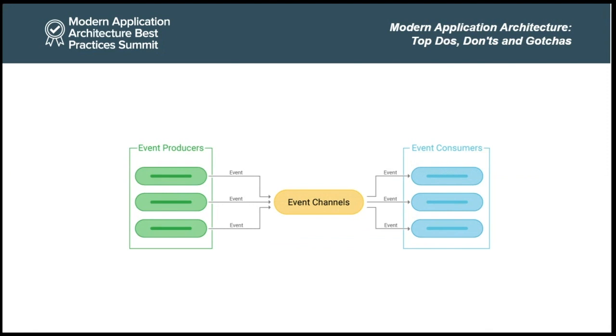In this case, you have producers, as I mentioned. It could be a storage container where you're expecting a file that comes in at certain times, or a messaging queue that receives perhaps an email or a message from another application. In those cases, it will go to some kind of event channel.